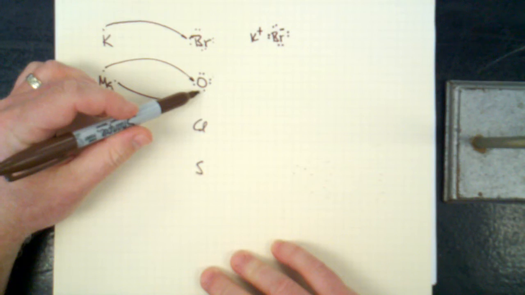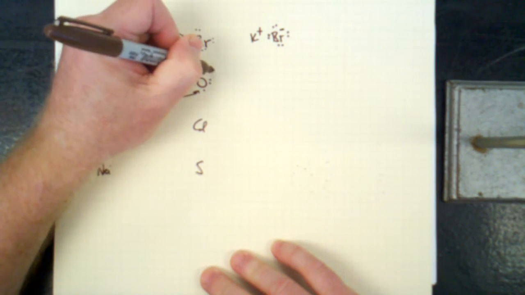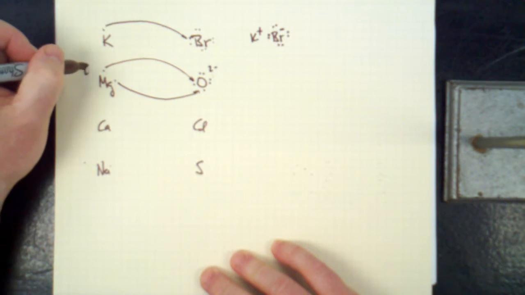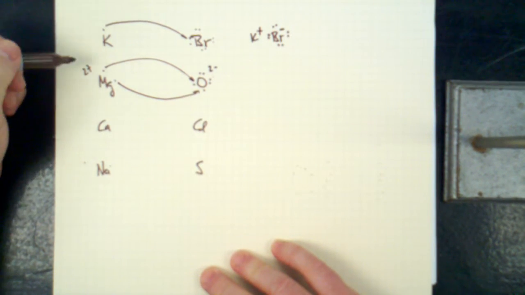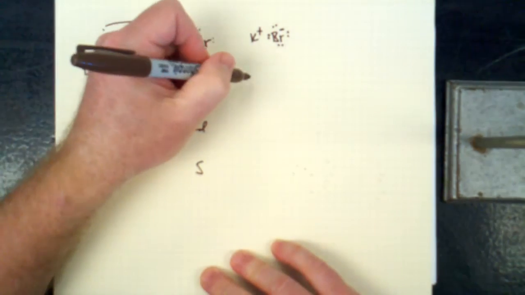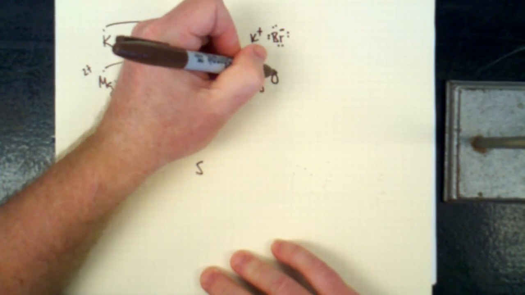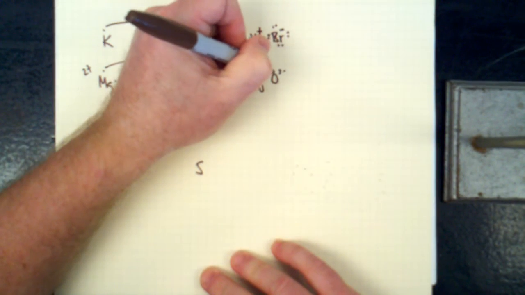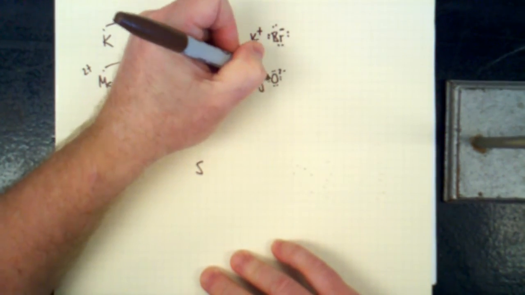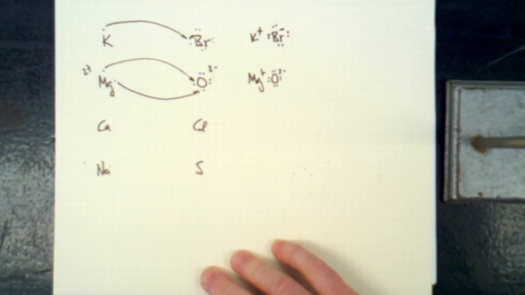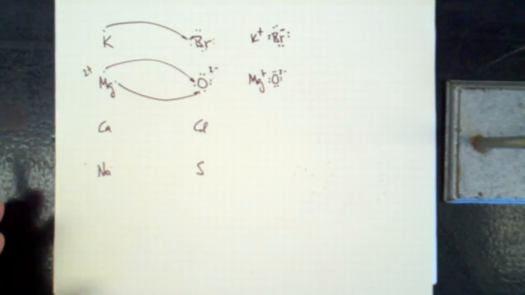But since it took 2 electrons, it's now got a 2 minus. Now this guy lost 2 electrons, so it becomes 2 plus. So the 2 plus and the 2 minus come together. 1, 2, 3, 4, 5, 6, 7, 8. So oxygen's got a full shell, and magnesium's got a shell below it that's full.